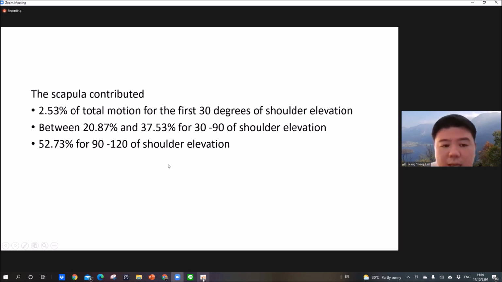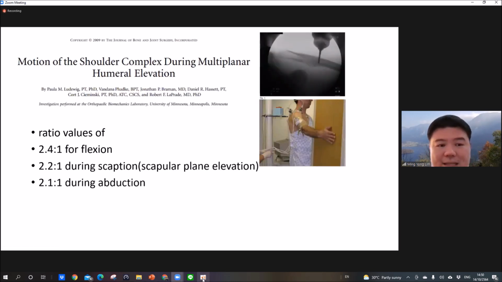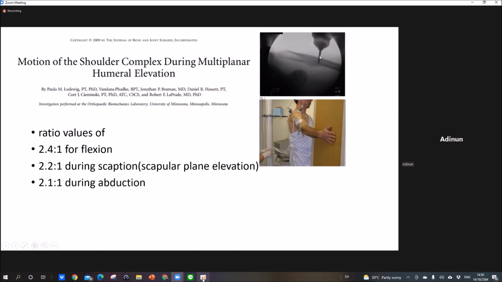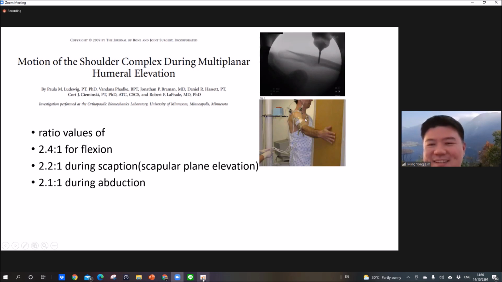Another study, and I think it's a more painful study, because they inserted the pins, one in the clavicle, to measure the angle, one in the humerus at the insertion of the deltoid, and one at the scapular spine.